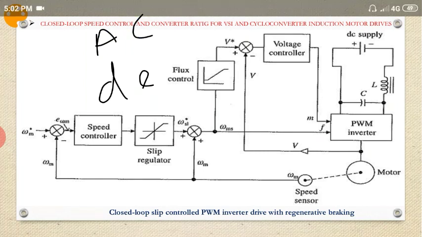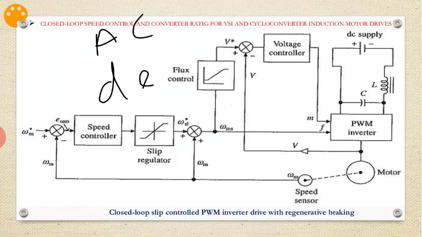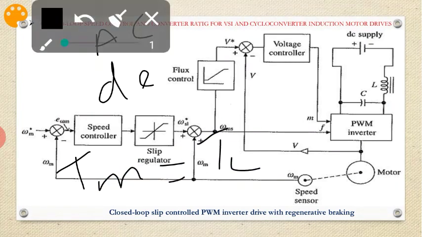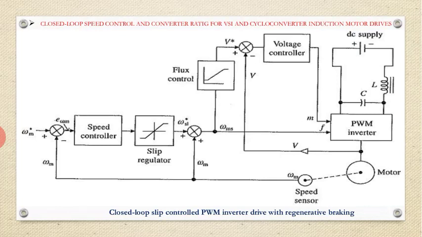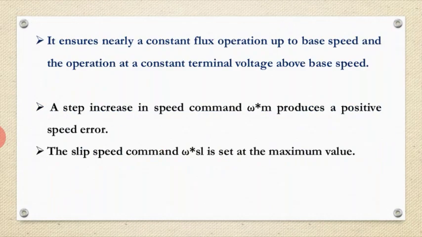You have to remember that. It decelerates and settles at the slip speed for which the motor torque again equals the load torque. So this is the explanation. All the points are mentioned here, so just go through this.